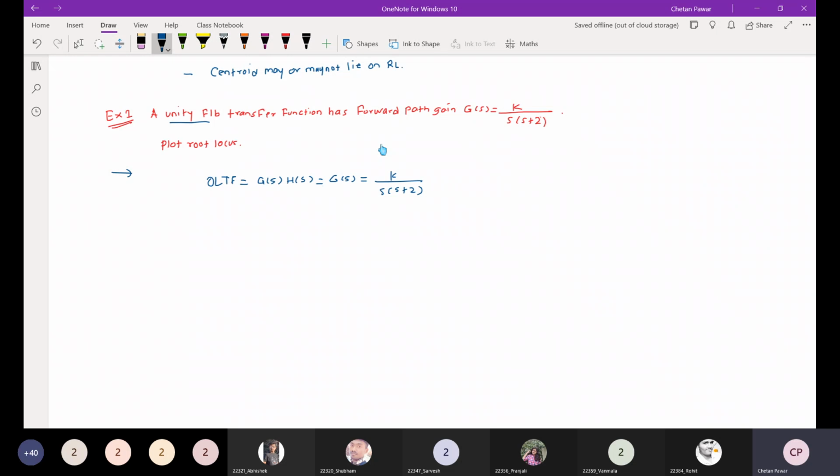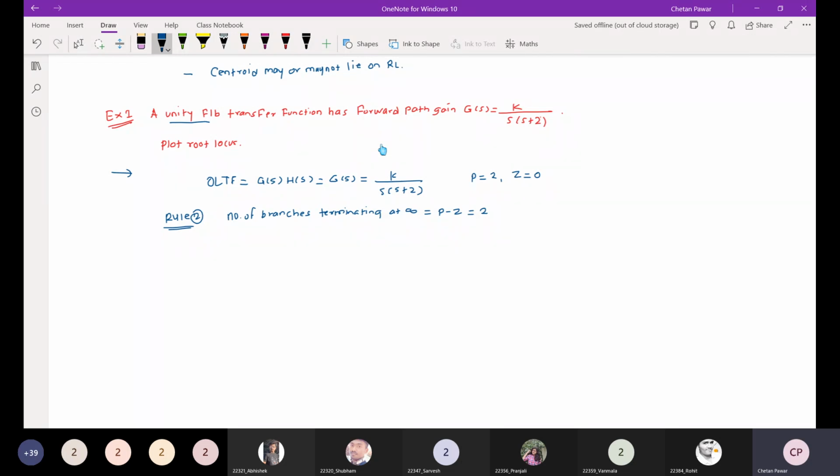Rule number 2: we need to find the number of branches terminating at infinity, which is the number of open loop poles minus the number of open loop zeros. Here the number of poles is 2 and the number of zeros is 0, so the difference is 2.